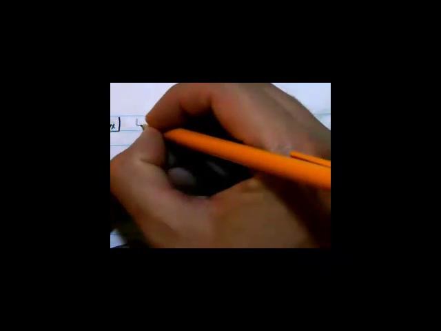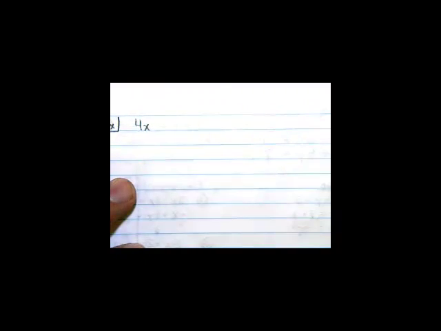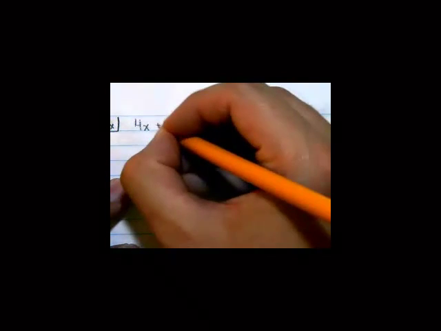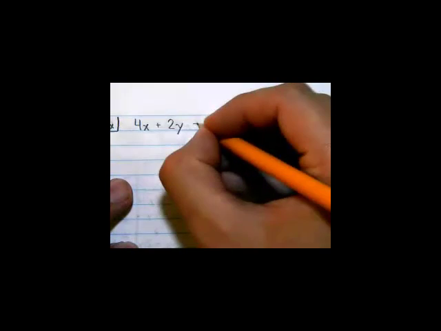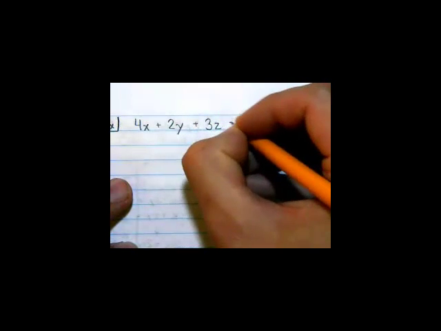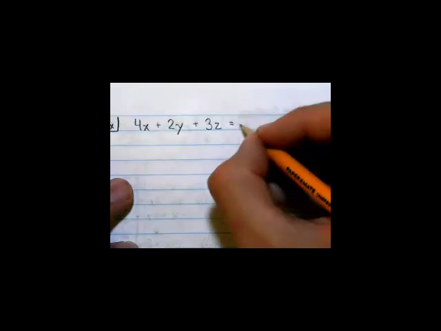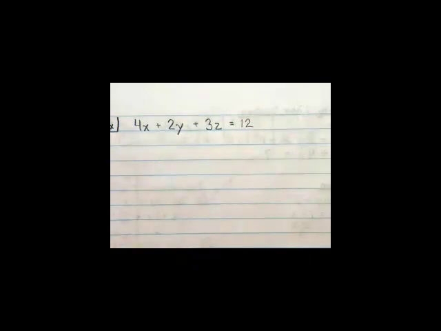All right, so here's what we got. The first equation is 4x plus 2y plus 3z equals 12.